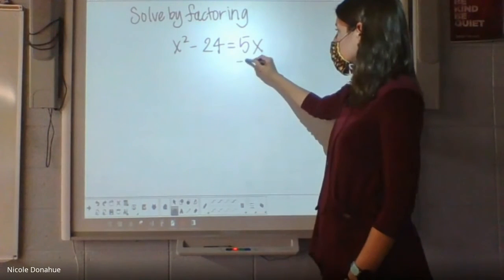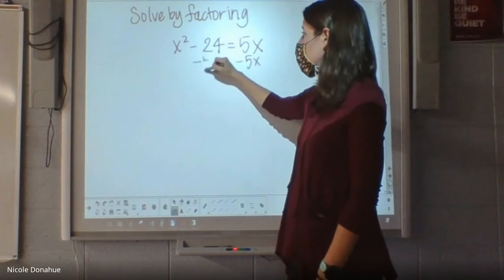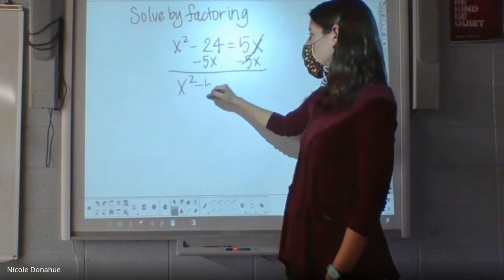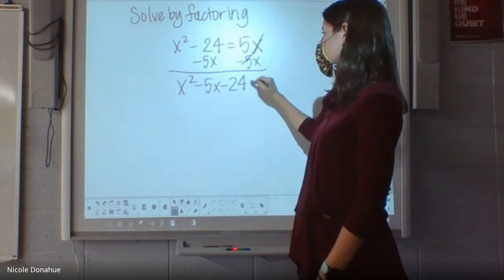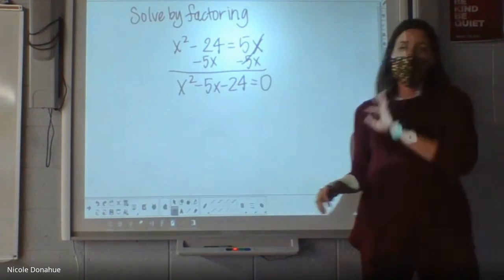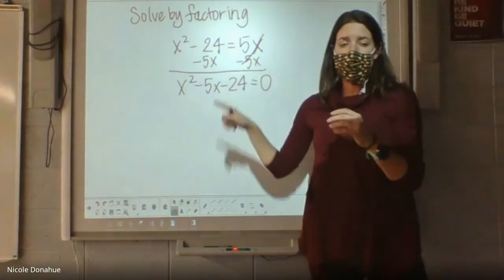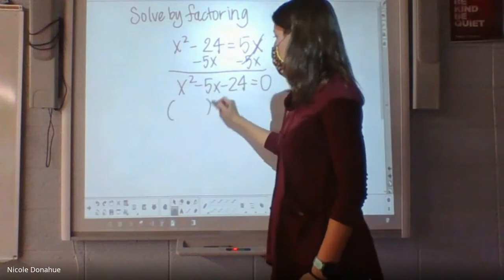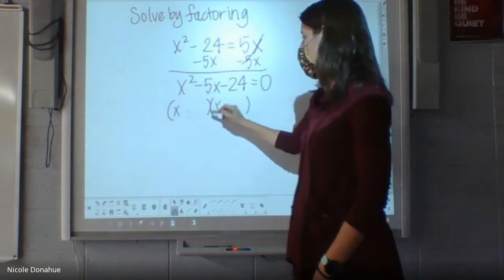So I'm going to move this 5x over. If you guys are really still struggling with this, you're welcome to come for AR. Okay, so that equals 0 now. Now the type of factoring on my columns, this would be like the second type. Because of the x squared, I know this has to be x times x.